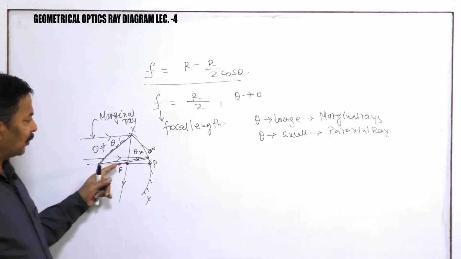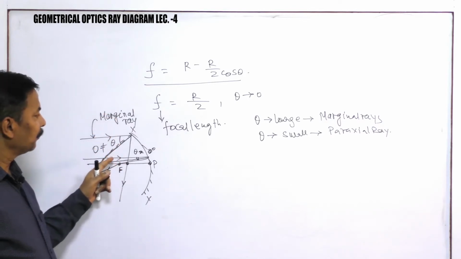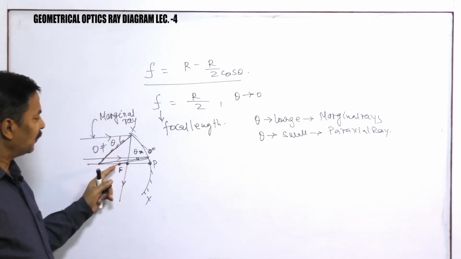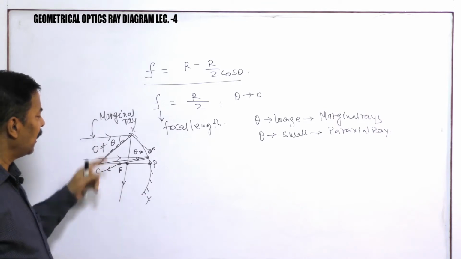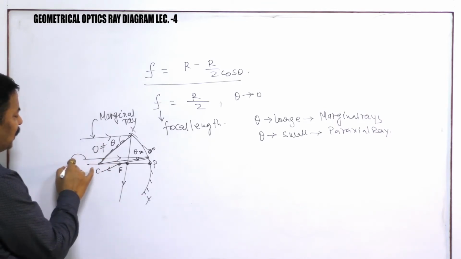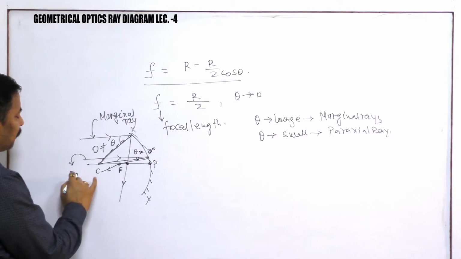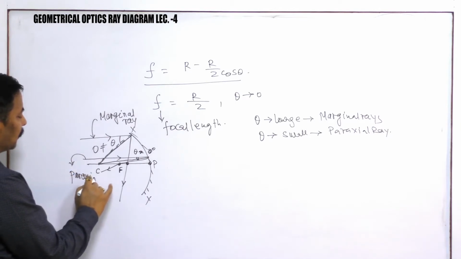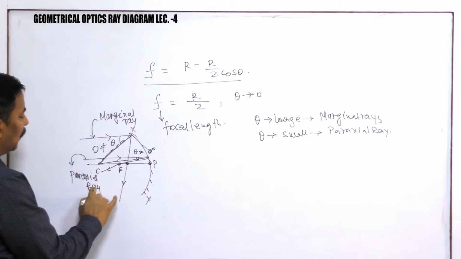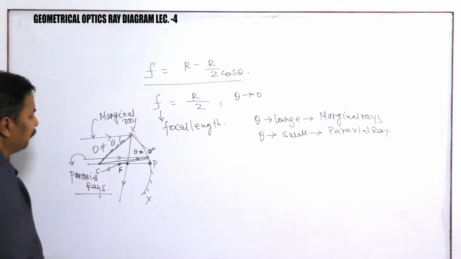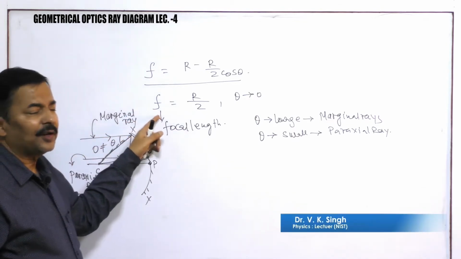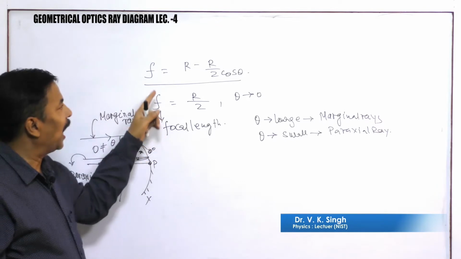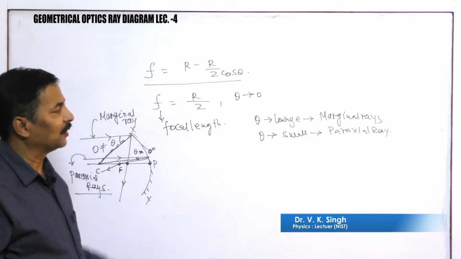So if the distance goes on increasing from the principal axis, the reflected ray starts shifting towards the pole. So this is a marginal ray, and this ray which is near to the principal axis is called a paraxial ray. For this relation, we are considering only paraxial rays, and this is the relation for marginal rays.